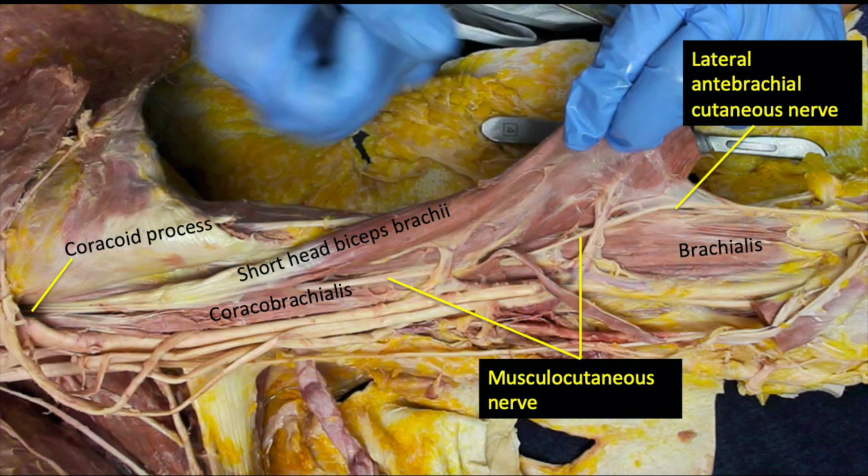Surprisingly, however, it continues into the forearm, but not as a motor nerve, rather as a purely sensory nerve that is now called the lateral antebrachial cutaneous nerve, or lateral cutaneous nerve of the forearm. This is somewhat analogous to a street that changes names between one corner and the next.